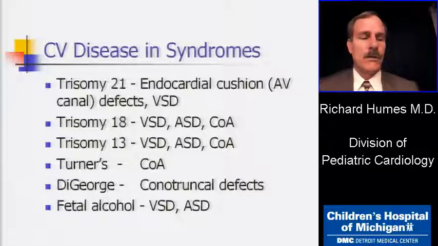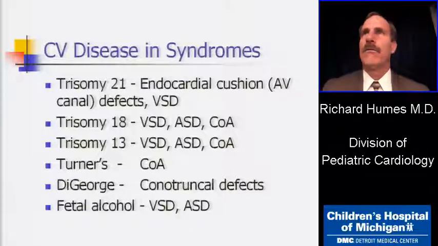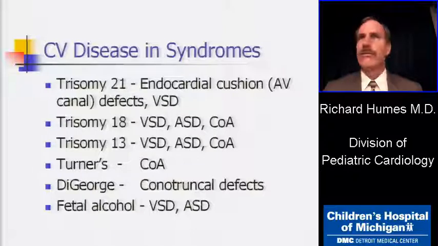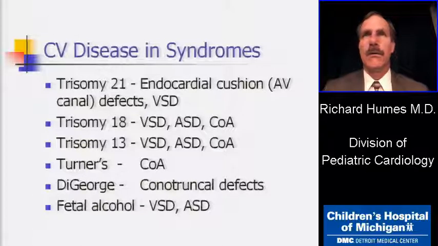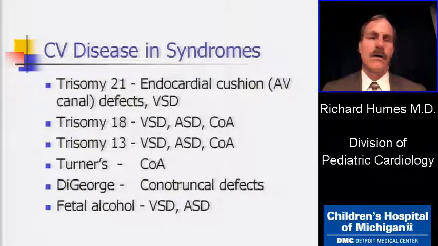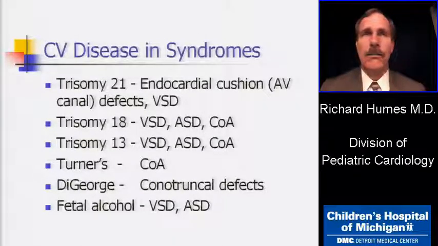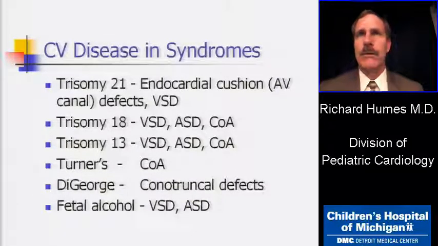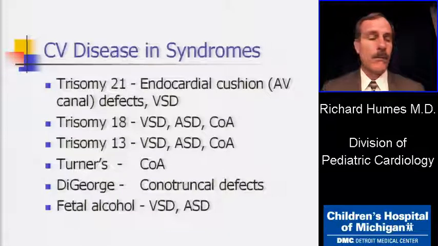Trisomy 18 and trisomy 13 all follow fairly normal inheritance patterns with septal defects such as VSD and ASD and occasionally coarctation. Turner syndrome, which has about 30 to 40% of patients with heart disease, has coarctation as the main problem. They also can have aortic valve problems and problems with the aortic root, which can develop along with the coarctation or sometimes separate from it.